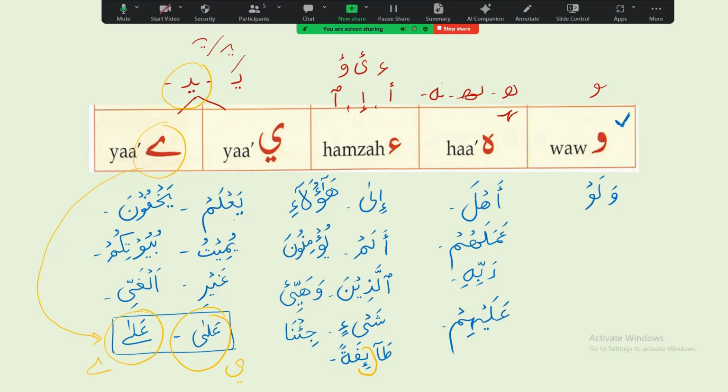Both are the same words, but the shape of the ya is used differently. I have mentioned this example because in copies of Quran, certain PDFs that you might find online, you might see this ya written in both of these different ways. Okay, so these are the possibilities that you will have to remember for the 29 alphabets of Arabic, and how they change their shape according to their position in the word.